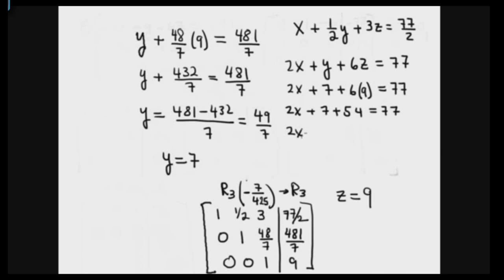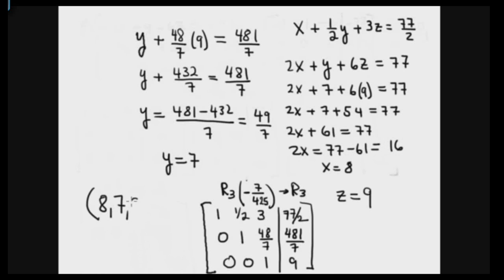Okay. This is 61, 54 plus 61, now subtraction, 61, 16, divided by 2 is 8, and the solution is 8, 7, 9, which is option A, yes.